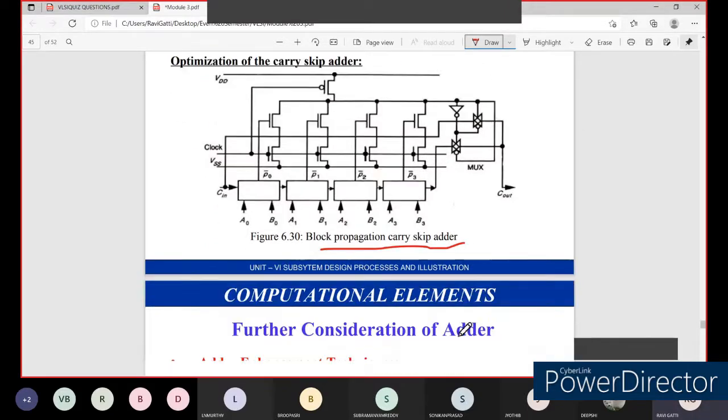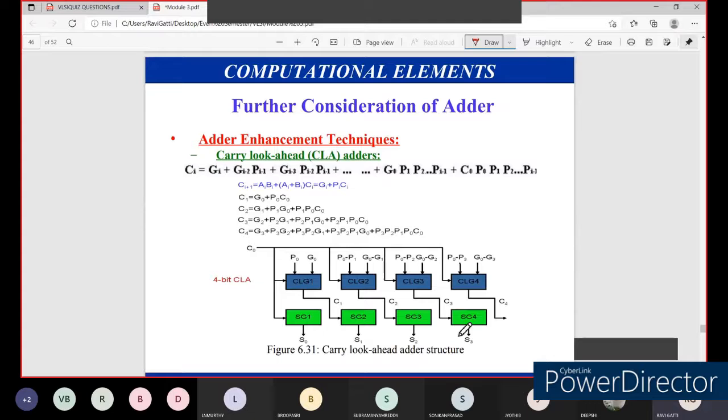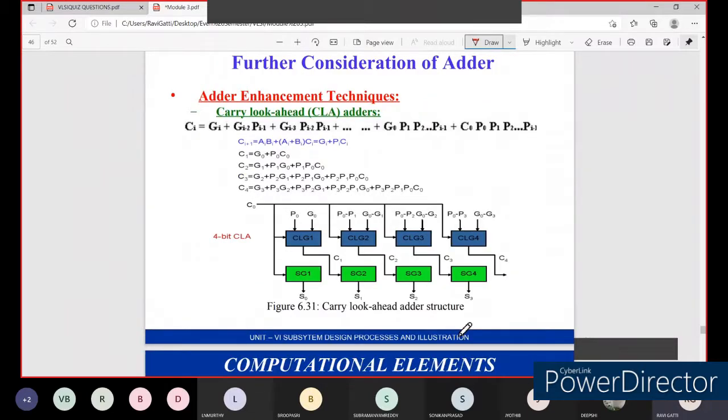The last one is what we call the carry look ahead adder, CLA. We go for this carry look ahead adder in order to improve the ability of the adder to predict the next stage of the carry generation.